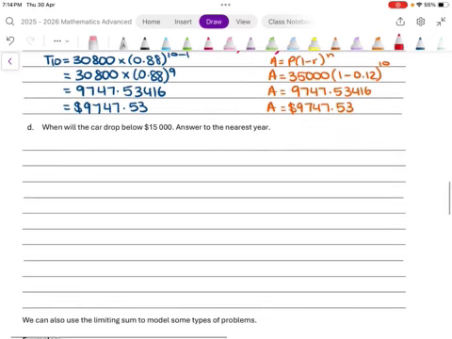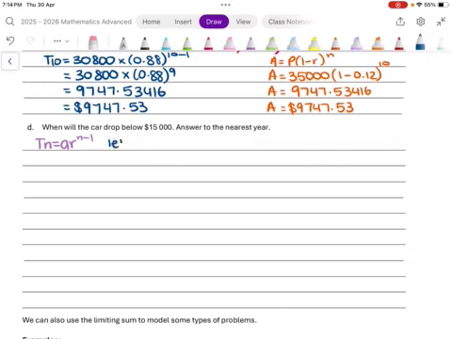Okay, so part D of this question is when will the car drop below $15,000? And we want to answer to the nearest year. So what we want is when will it equal $15,000. So we're using our TN formula equals AR to the power of N minus 1.